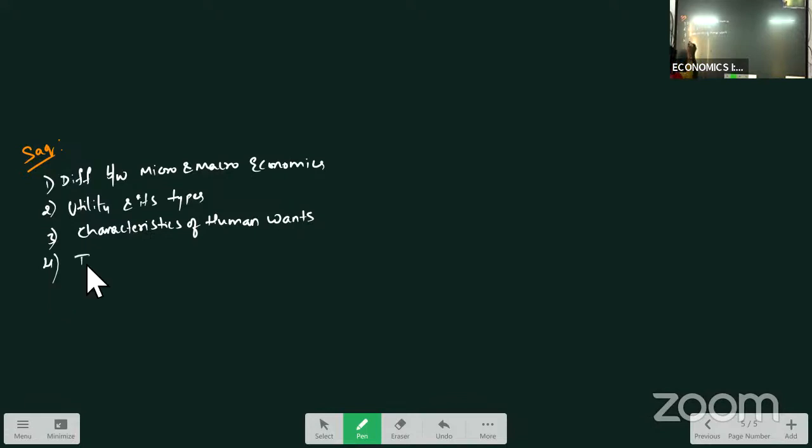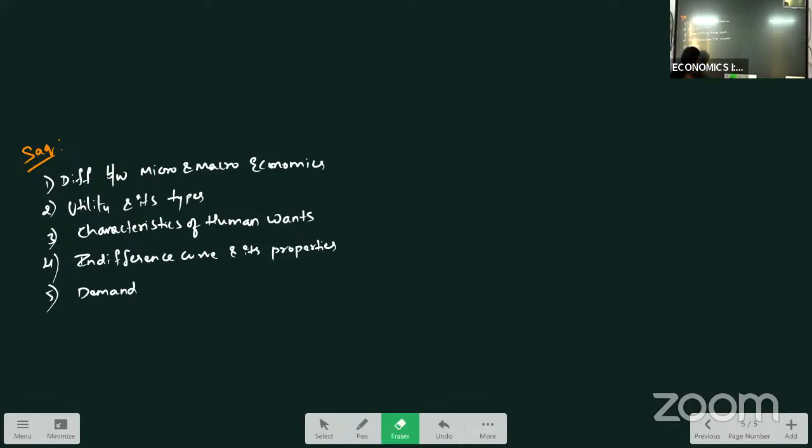Then next, indifference curve and its properties. Right? Then next question you will be preparing here is determinants of demand.